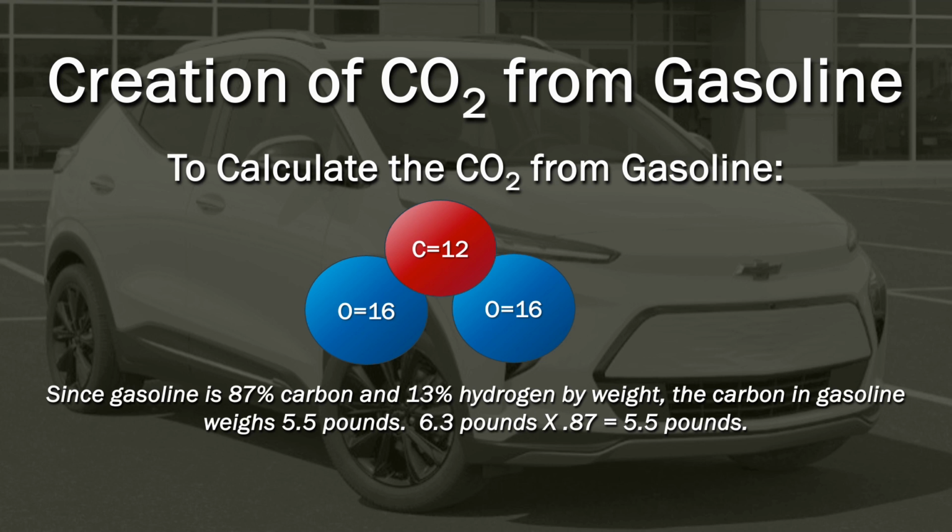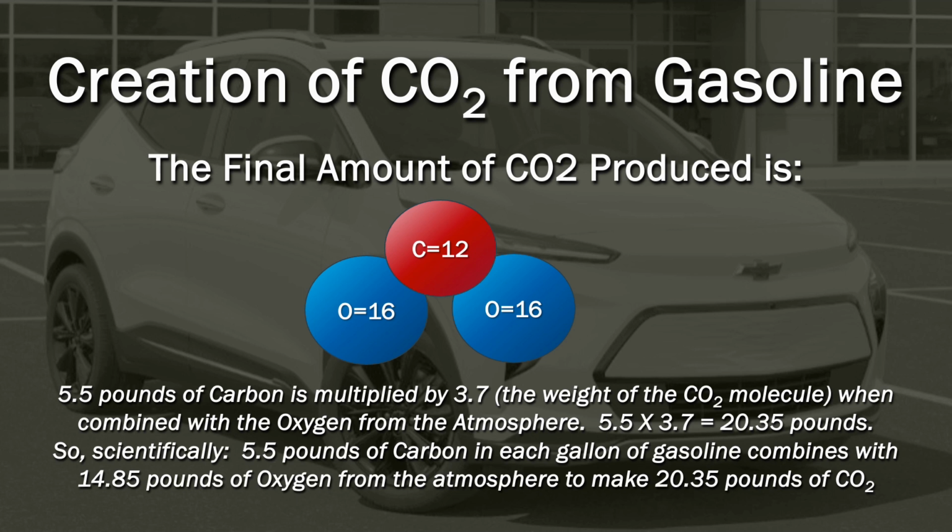Now, to calculate CO2 from gasoline: since gasoline is 87% carbon and only 13% hydrogen by weight, the carbon in a gallon of gasoline weighs 5.5 pounds. That's 6.3 pounds times 0.87, which comes to 5.5 pounds.